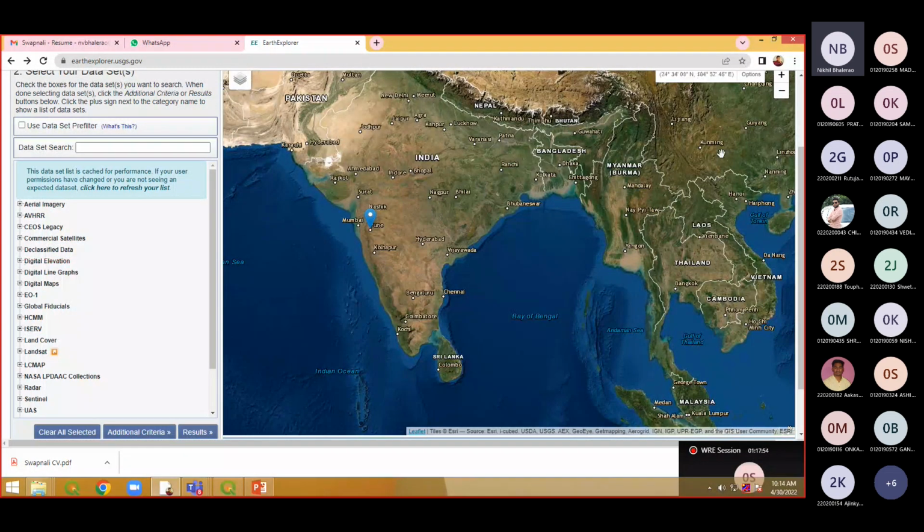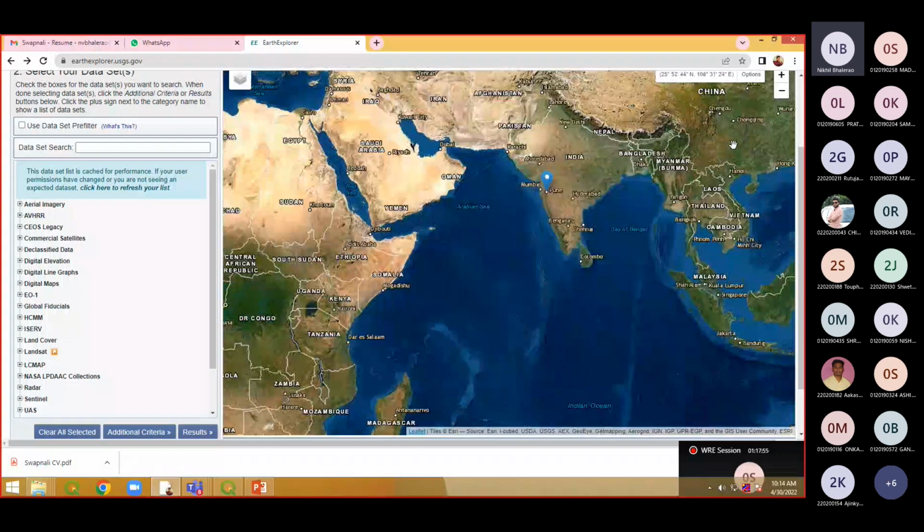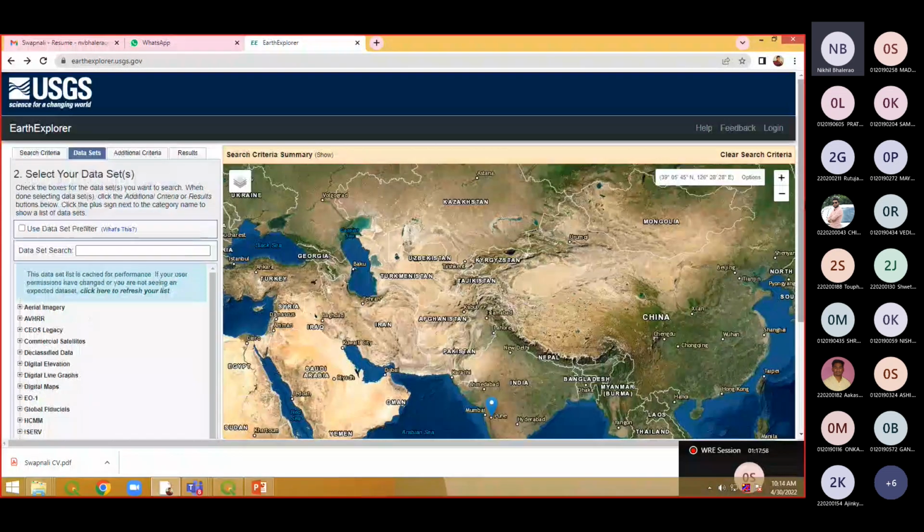Maybe because I have not signed in right now, the dataset may not be available for me. I have to sign into this account and then I will be able to search for these datasets. That can be one security measure that they have provided.